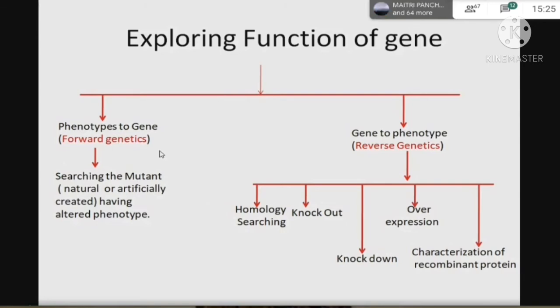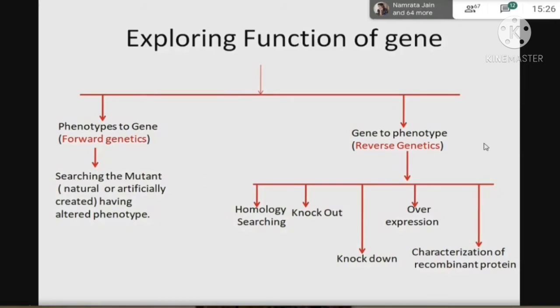Then we can compare the genomes of the mutant and the wild type, and say that due to this mutation this phenotype has vanished, which means this gene is responsible for that phenotype.